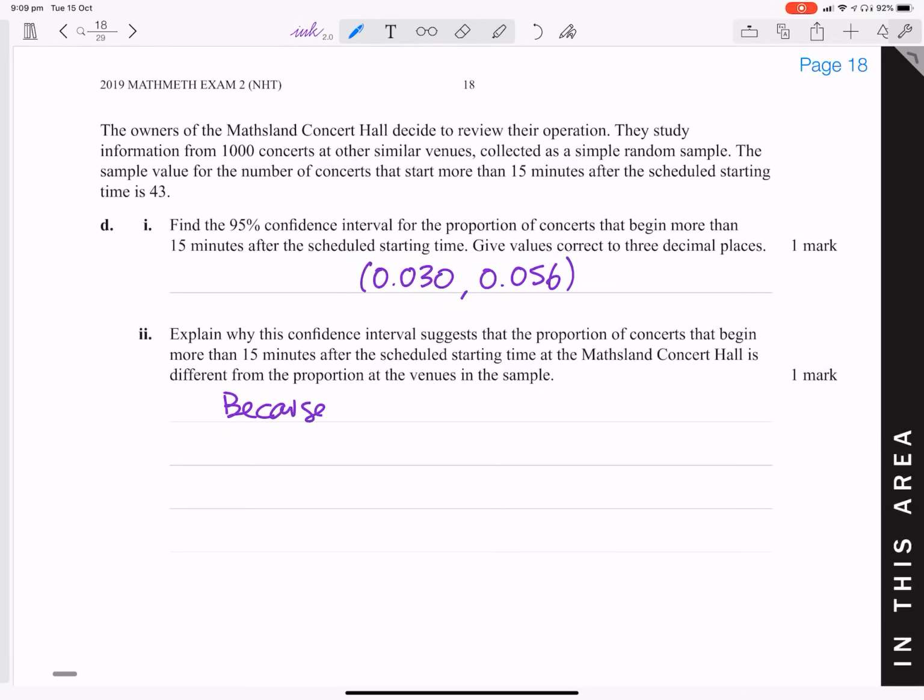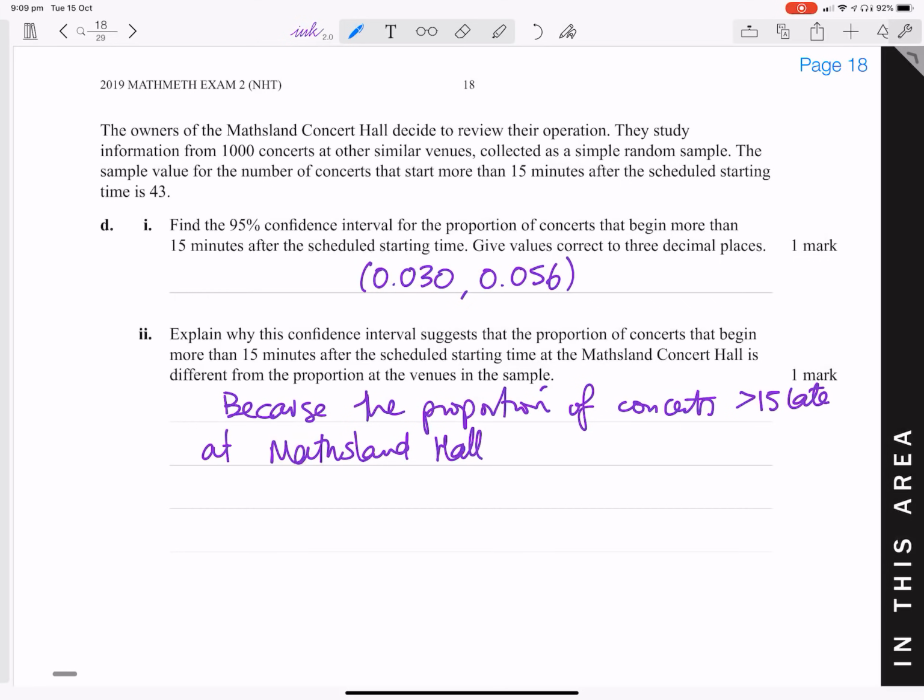Because the proportion of concerts at Massland Hall, or whatever it's called, Massland Hall. Proportion of concerts greater than 15 minutes late at Massland Hall is outside this confidence interval.